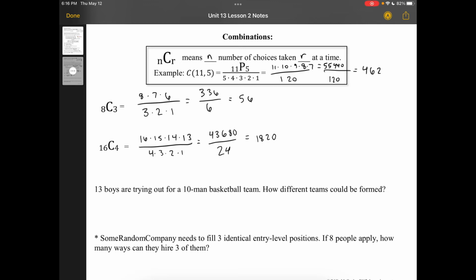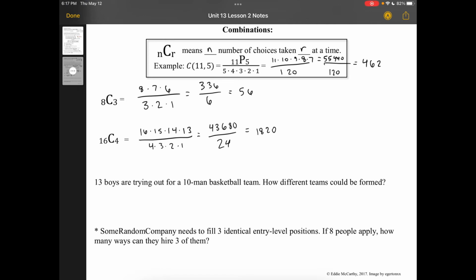Got 13 people trying out for a 10-person team. How many different teams could be formed? So we've got a 13 choose 10 situation. This is going to be a long one, hard to write down. We're going to do 13 times 12 times 11 times 10 times 9 times 8 times 7 times 6 times 5 times 4. 1, 2, 3, 4, 5, 6, 7, 8, 9, 10.